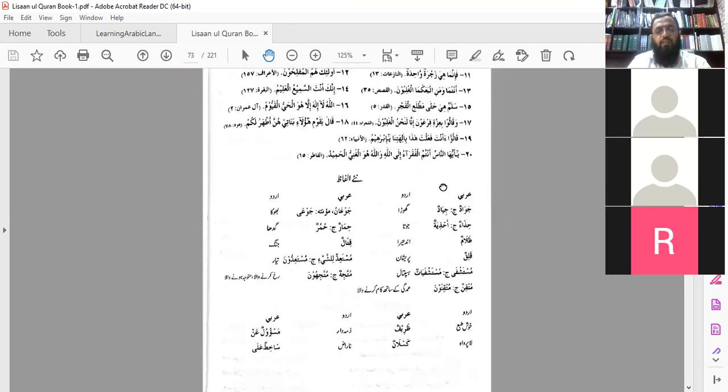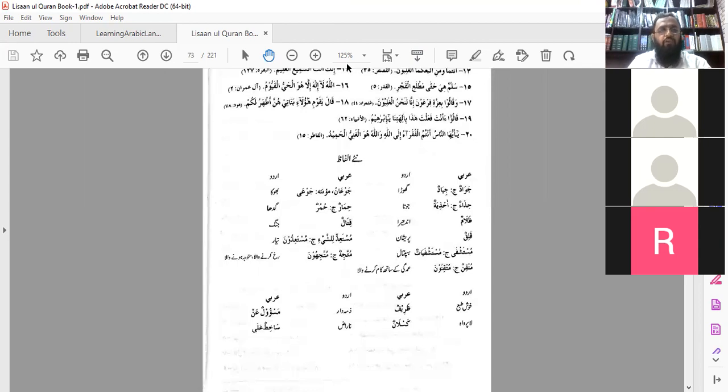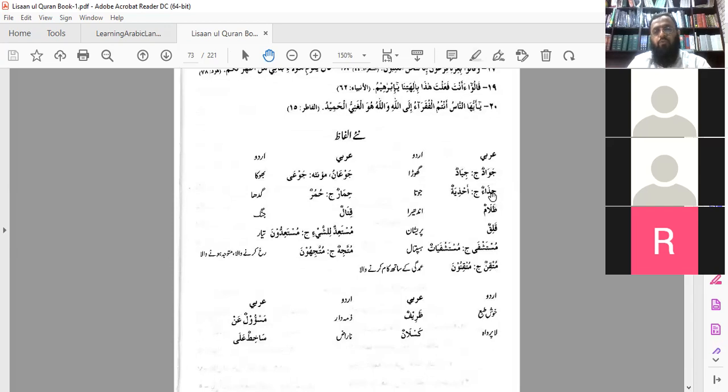Okay. Then these are the new words, and I'll definitely read them for you. Now you can see Jawadun is also used for horse and Jama is Jiyadun. Jaw'anu, the one who is hungry, and its muannath is Jaw'a.